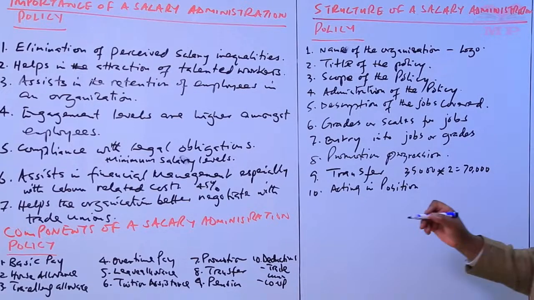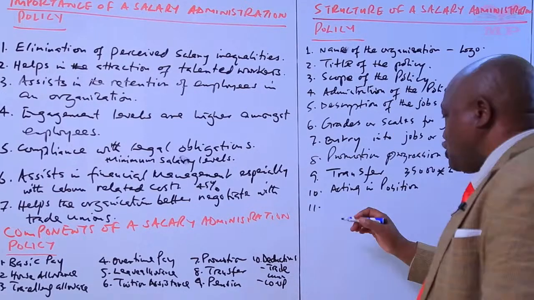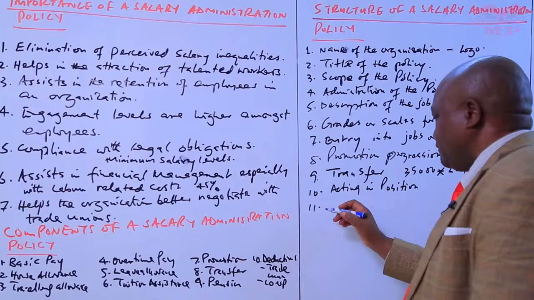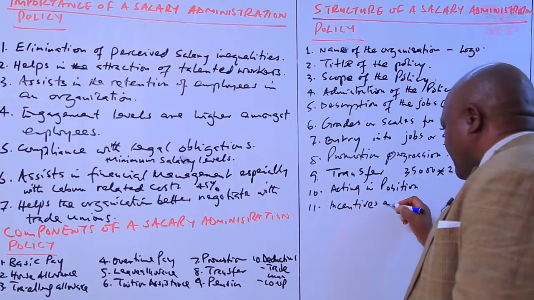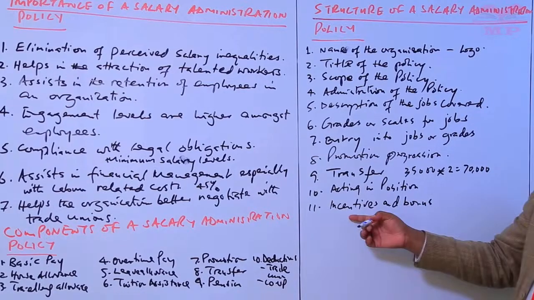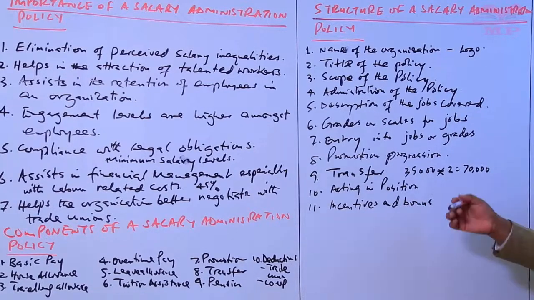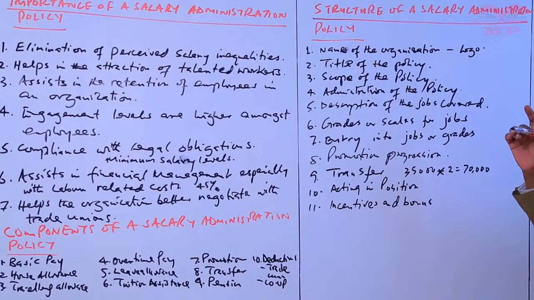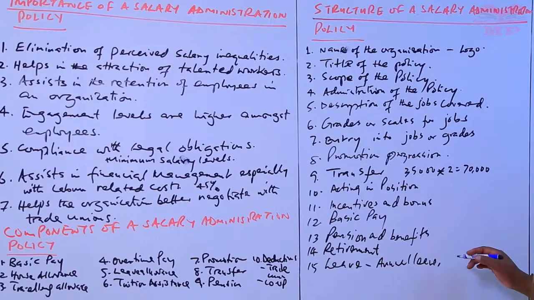Then number 11, there is the issue of incentives and bonus. So if incentives are supposed to be provided, this particular policy should cover that. Then leave of absence: when an employee is on leave of absence, what happens? Do they get paid?